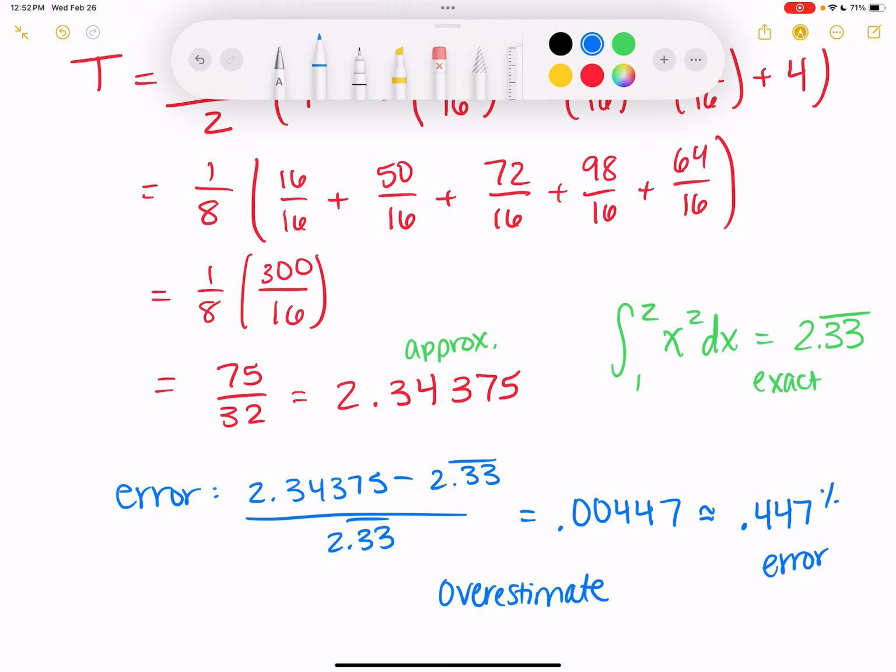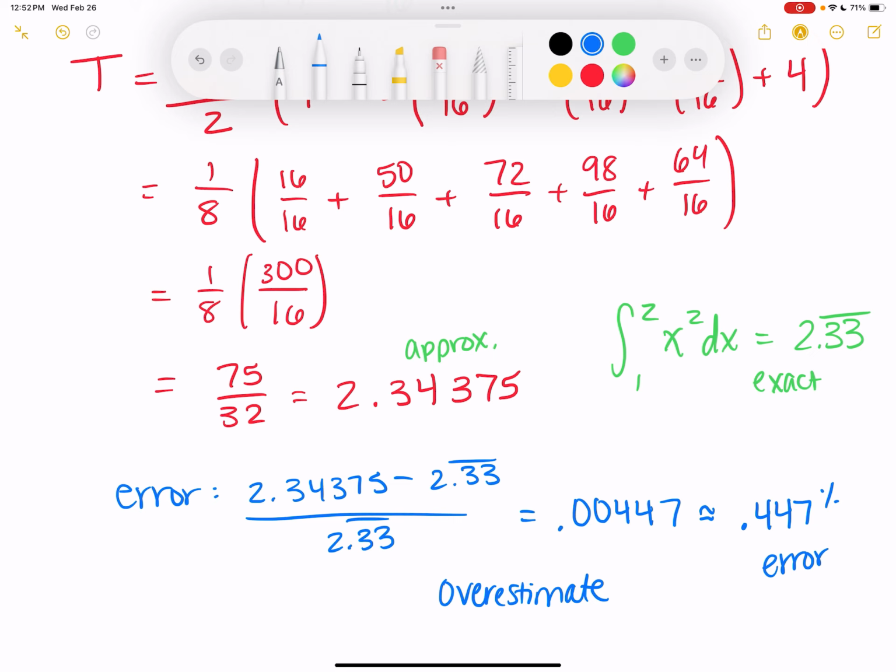Overestimate. I mean, I don't know. How would you say that? Overestimate. Overestimate. All right. Overestimate. You can tell you were thinking about that one for a while.